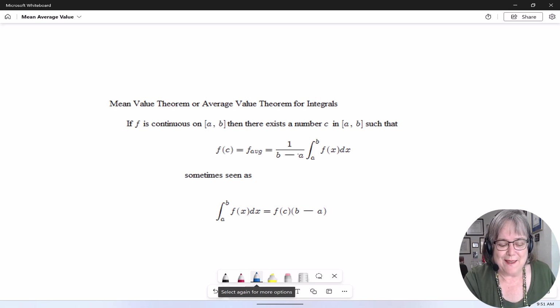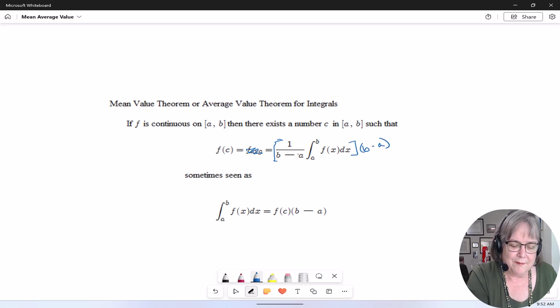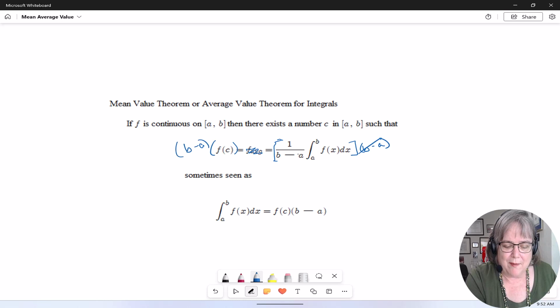And it's sometimes seen as this thing down here, where you have the integral from a to b of f of x dx is f of c times b minus a, which, I'll be brutally honest with you, I don't know that one by memory. I know the one up above, and then I just do this. If you take this, forget this f average right there, and multiply both sides by b minus a, this b minus a cancels this one, and so here would be your f of x integrated, and here is your b minus a times f of c, right?